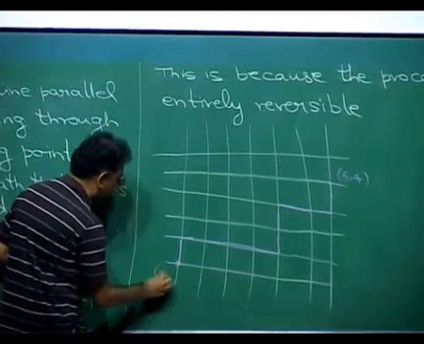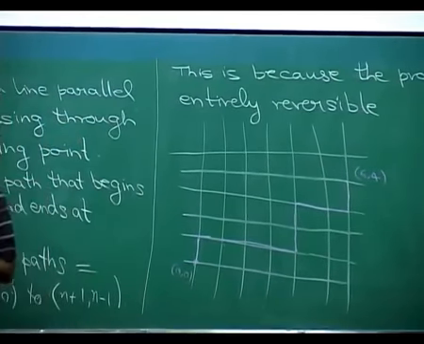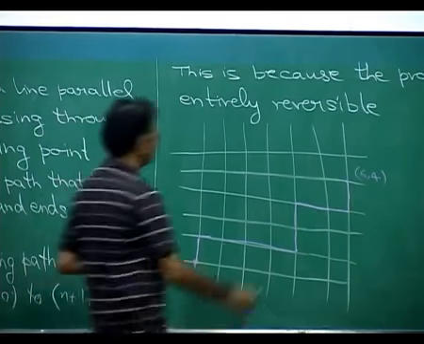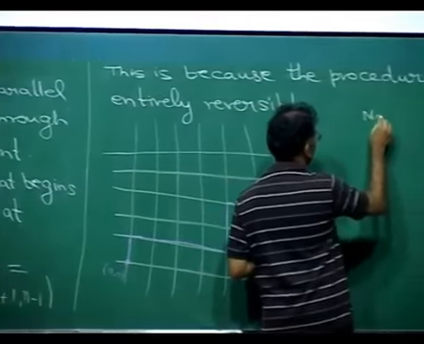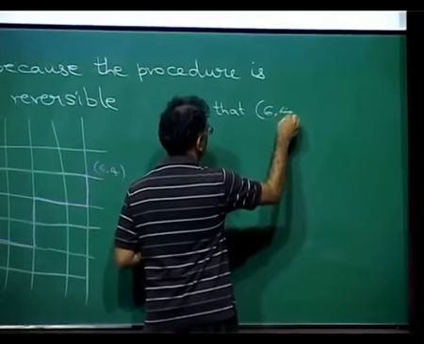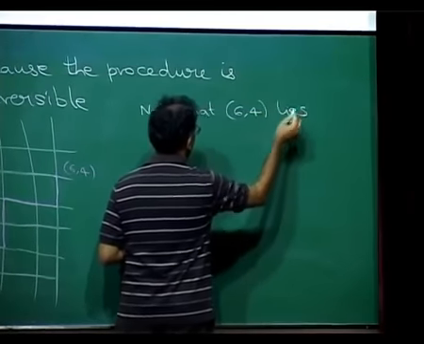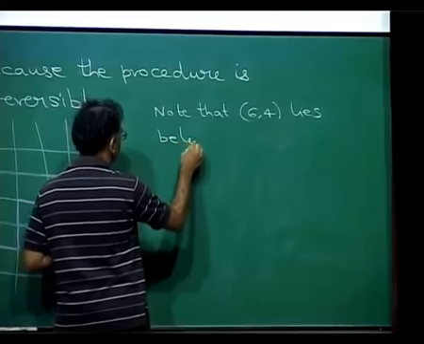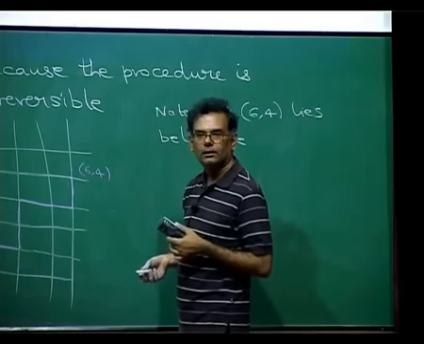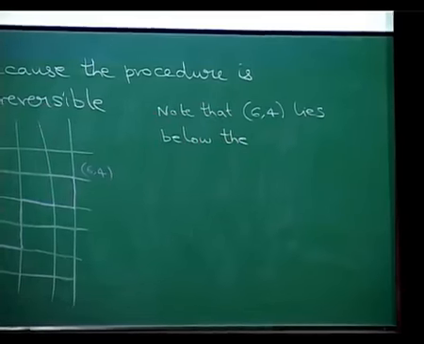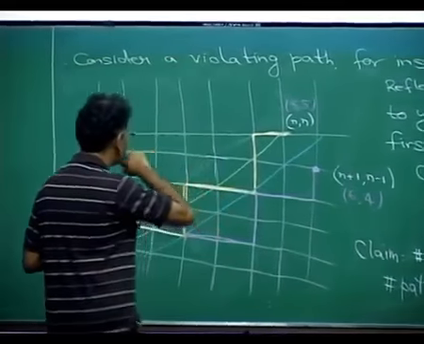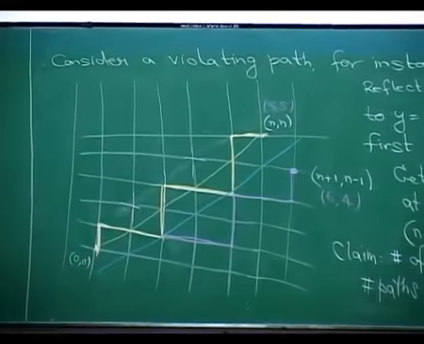Now what you have to notice is that the point 6, 4 lies below the diagonal. Sorry? Below the blue line. Yeah, below the blue line, correct, yeah, thanks.